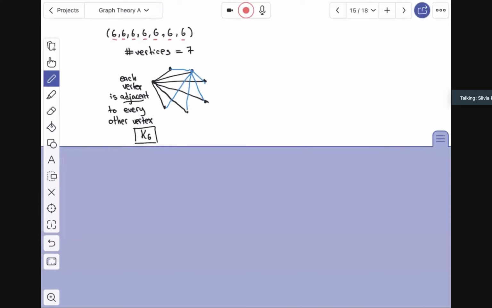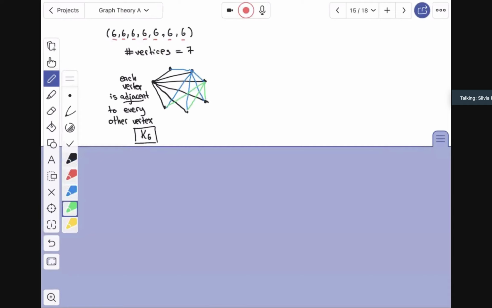I'm just gonna draw them in different colors. I think you forgot one blue line. I forgot one. Let's see. 1, 2, 3, 4, 5, 6.